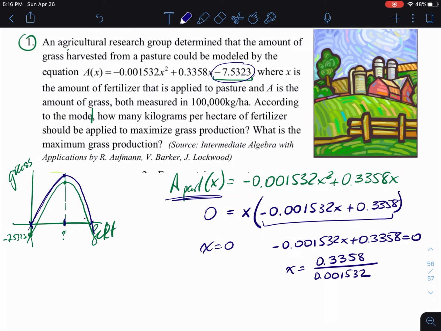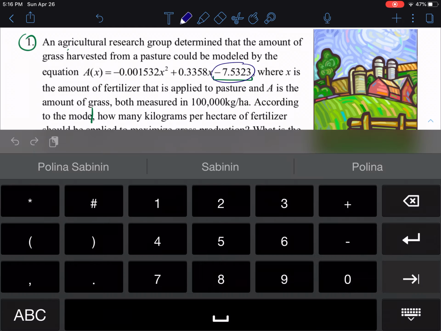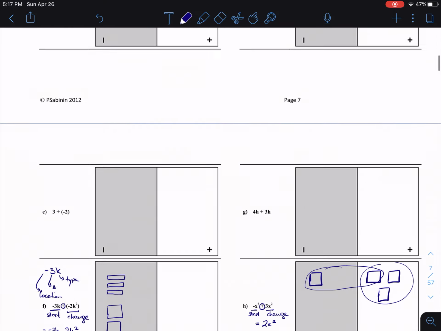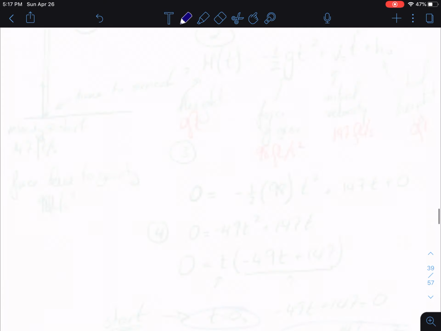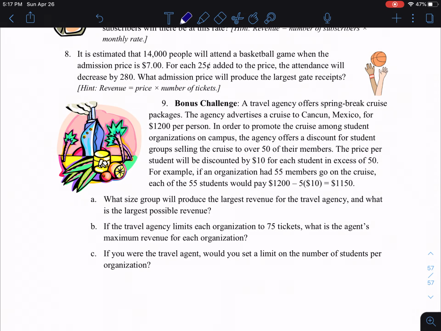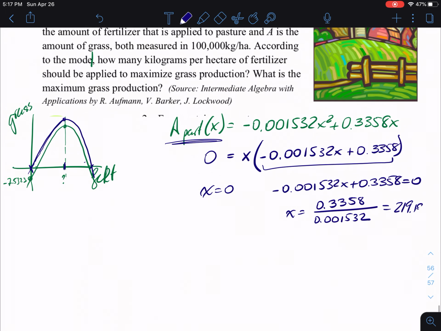Let's see. 0.3358 divided by 0.001532. And I'm getting 219.19. Okay, so when x is 219.19.